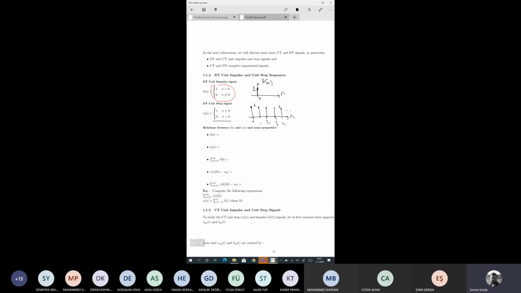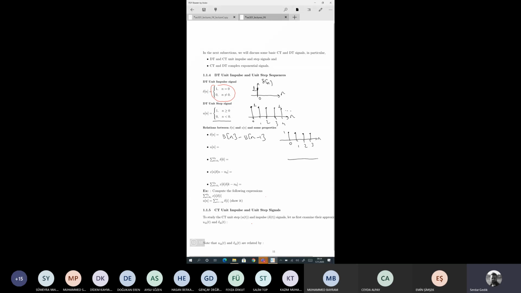Well, how are they related? I can write impulse of n in terms of u of n. It is simply u of n minus u of n minus 1. How can you see this? Let's plot u of n. 0, 1, 2, 3. So this is my u of n. What is u of n minus 1? Remember?